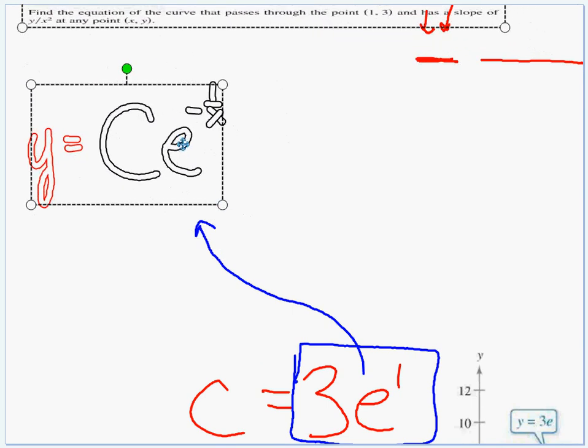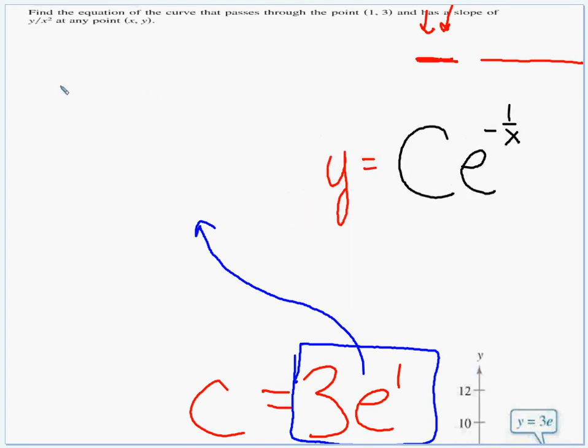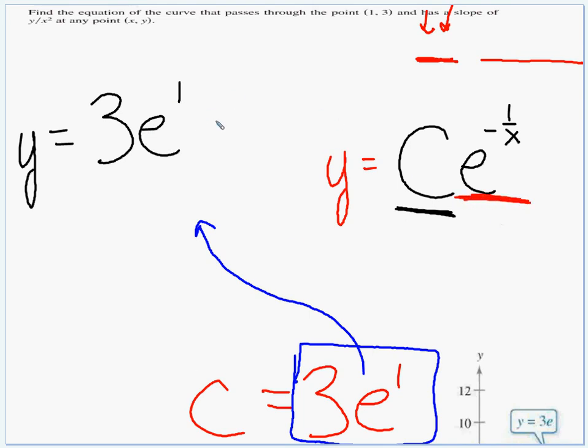There we go. So y equals, this c is out. I'm going to replace that with 3e to the first. And then we still have to multiply that by this e to the negative 1 over x.